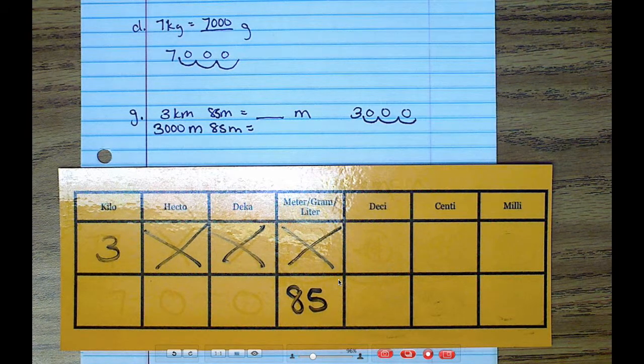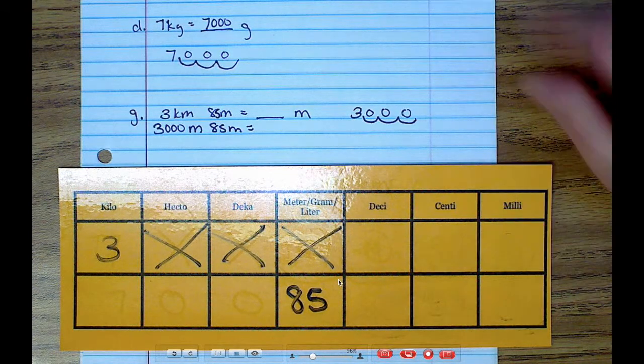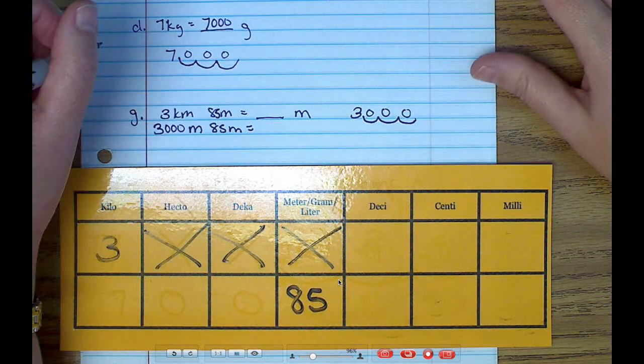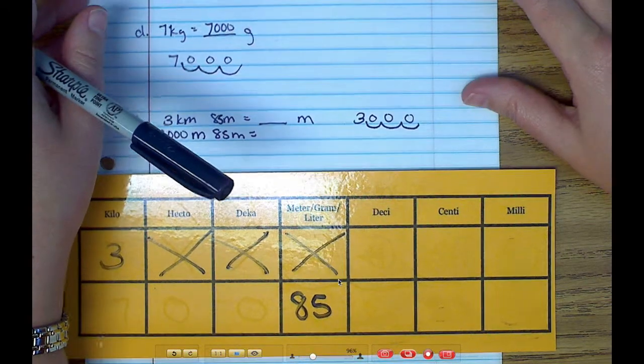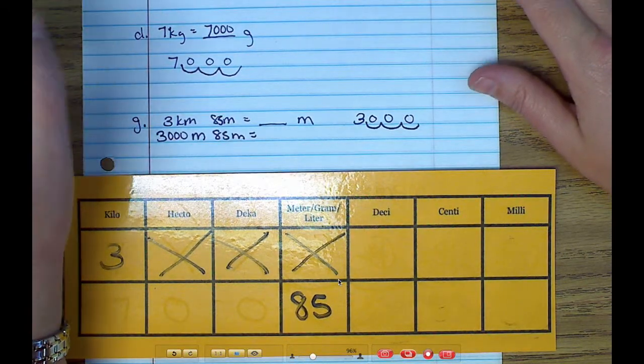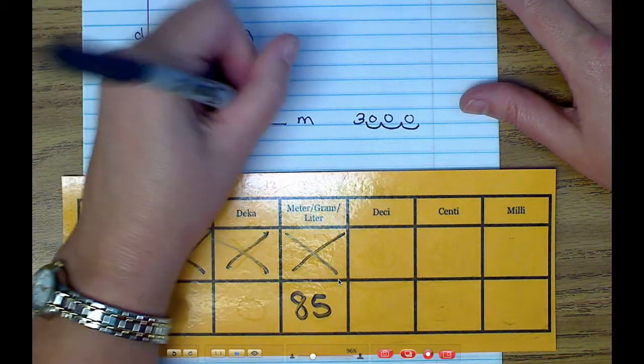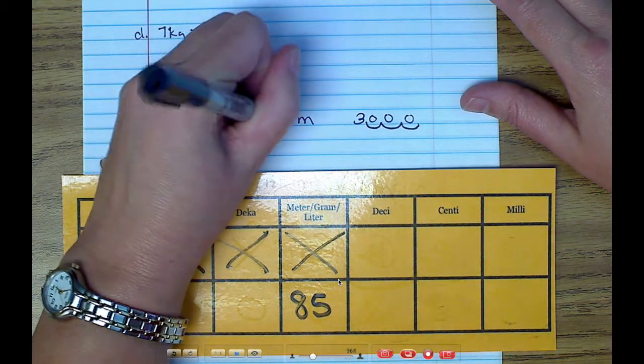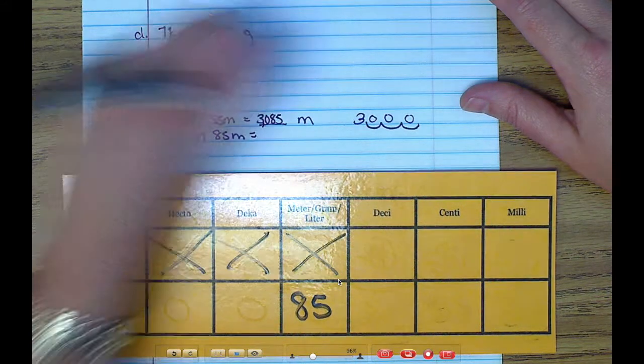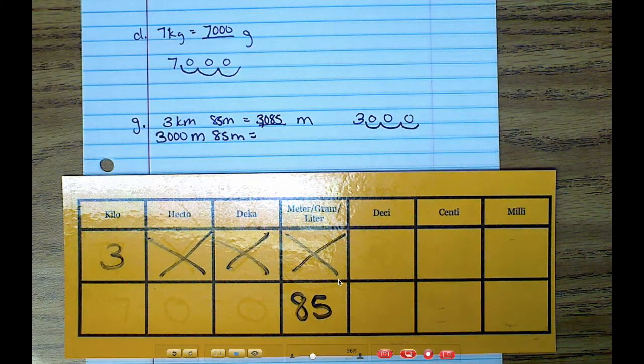What can I do with that now, Brianna? Add them up. What would my answer become? Shh. 3,085 meters. Yeah, for some reason my answer key had 385 meters earlier, and I was like, what is wrong with this thing? There's something wrong. So that's how you do that.